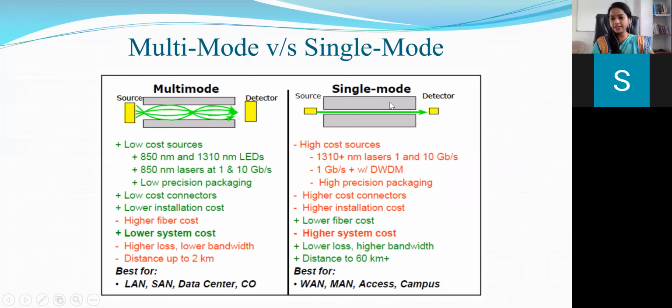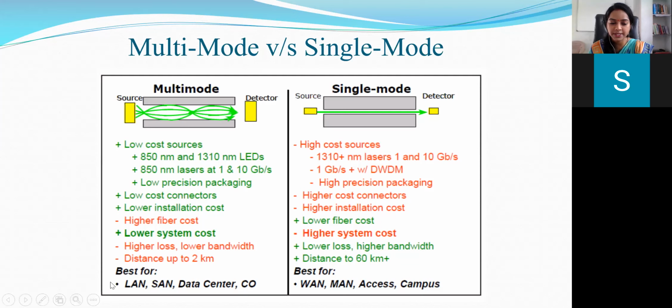But the construction or whole circuitry we have to make for single mode optical fiber has a distance range of 60 kilometers, and here we have a limited range of 2 kilometers for multimode optical fiber.